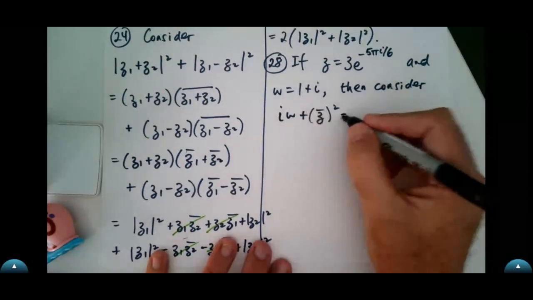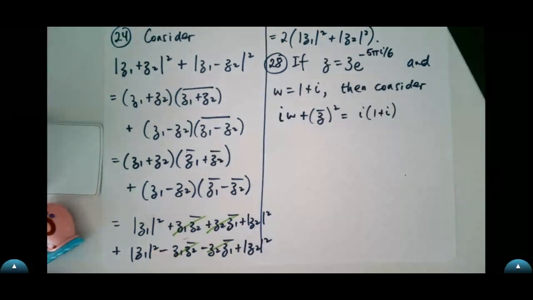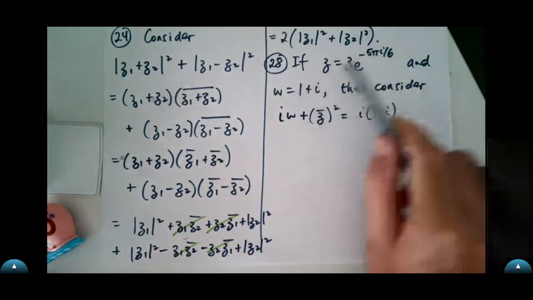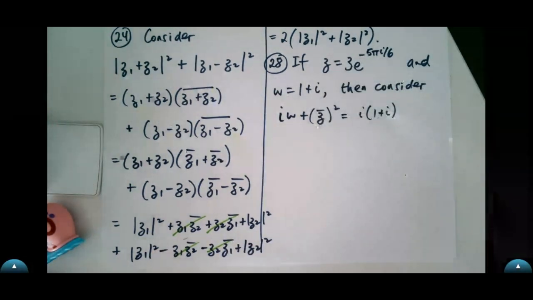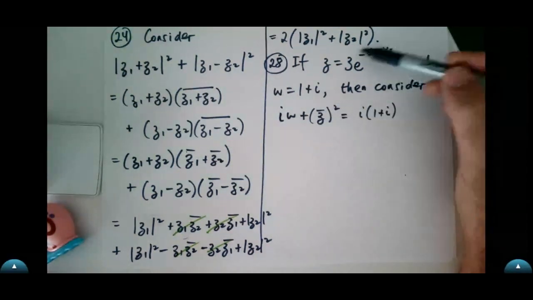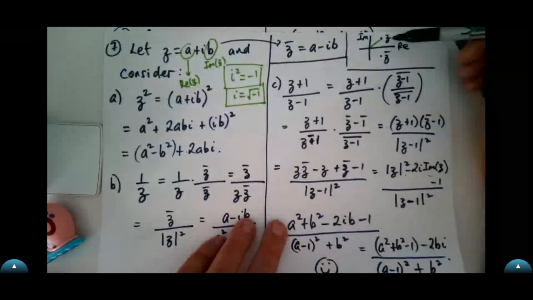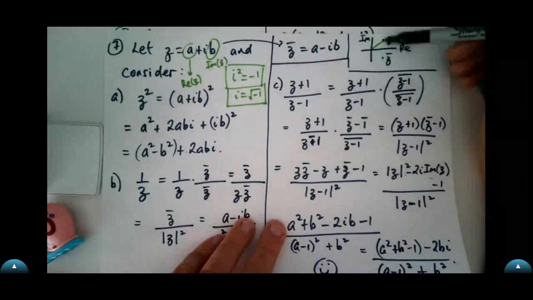So I times W is going to be this. You could of course convert these to the same form, but I don't think it's necessary here. Now, what is the conjugate of Z? Like I said before, all you're doing when you take the conjugate is reflecting in the horizontal axis.